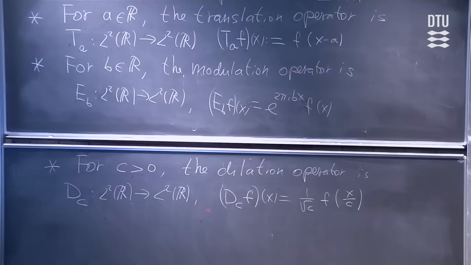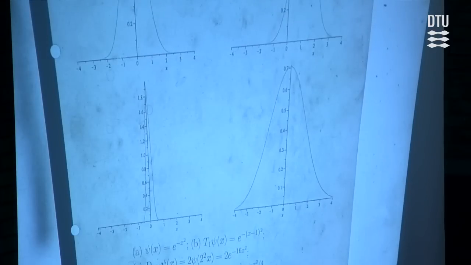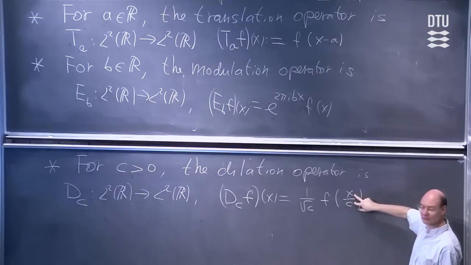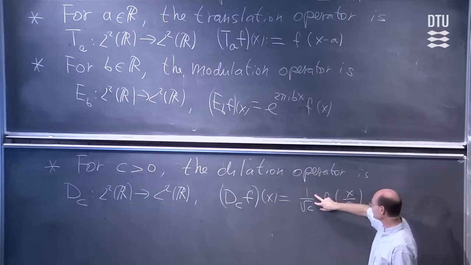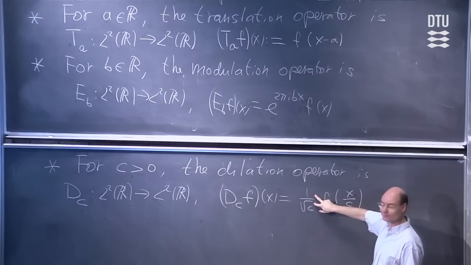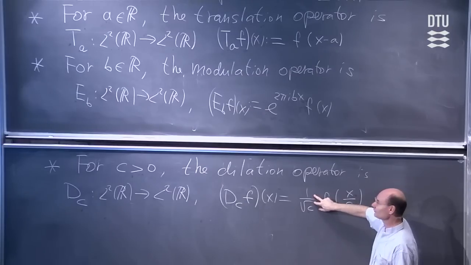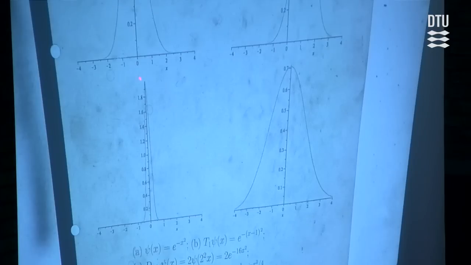Now, the scaling that you see here, what I make here is a picture of what happens if you take c equal to 1 divided by 4. So you can see with c equal to 1 divided by 4, what comes out here is f of 4x, and then we get a factor here which is 2. That means because of this factor 2, we get a function that takes a higher value at x equal to 0.